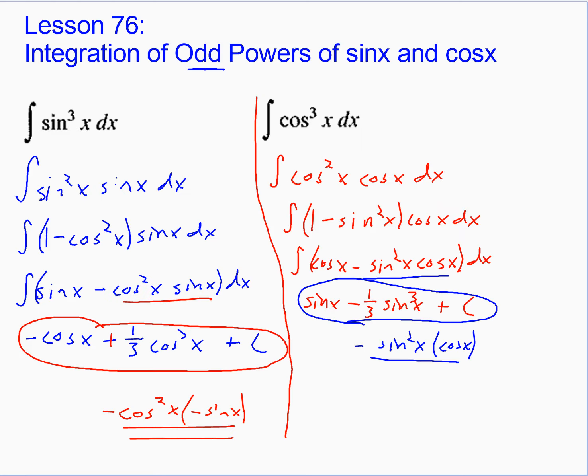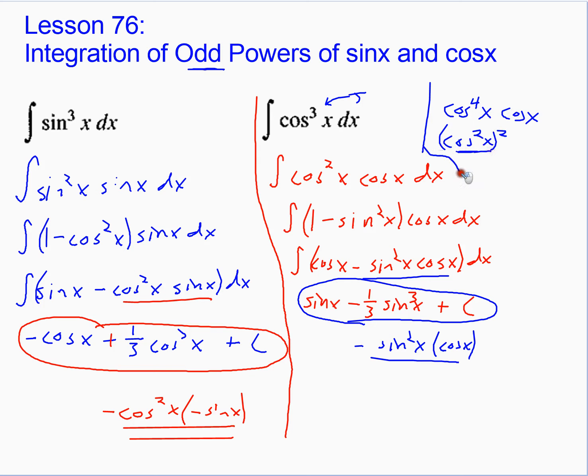Let me just make a note here. If we had a cosine to the fifth, we would break this up into cosine to the fourth x times cosine x. And then we could think, well, this is a cosine squared, because we always want to get it to a squared here.